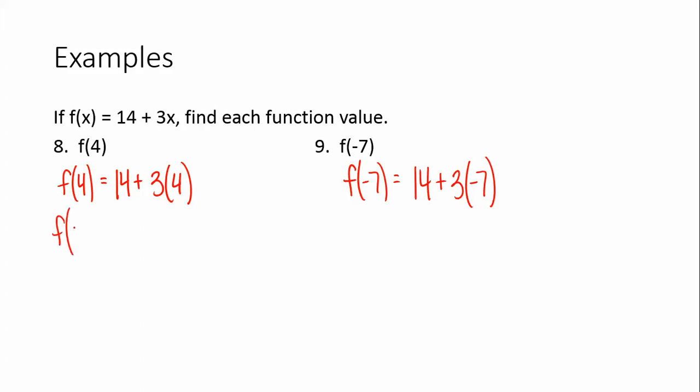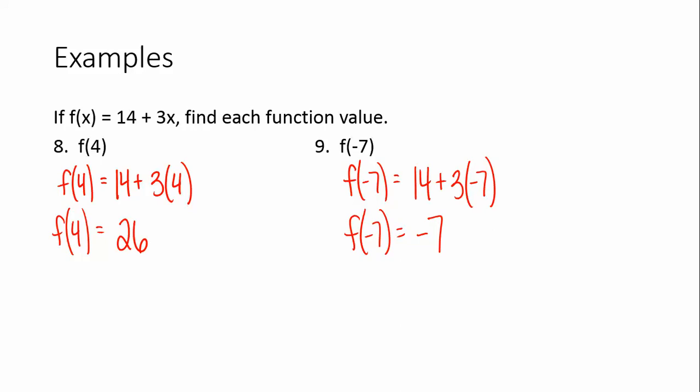So f of 4 would equal 14 plus 12, 26. F of negative 7, and if you need to show a little more work, that's fine. 14 plus a negative 21. And we get negative 7.